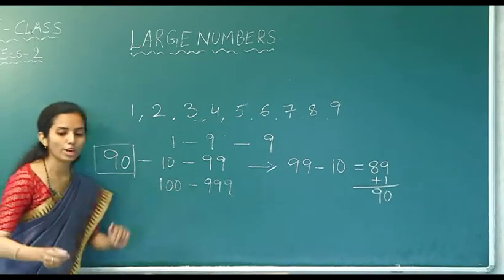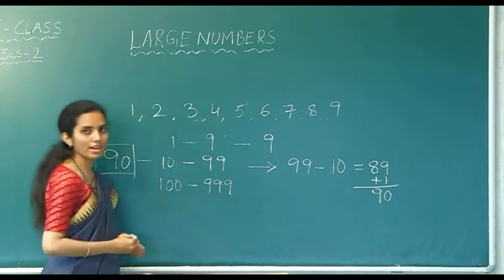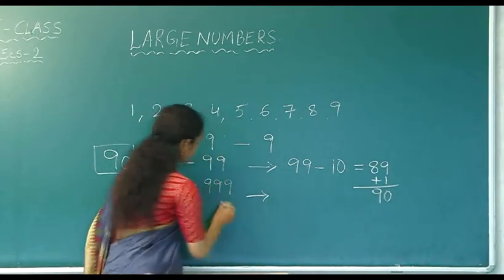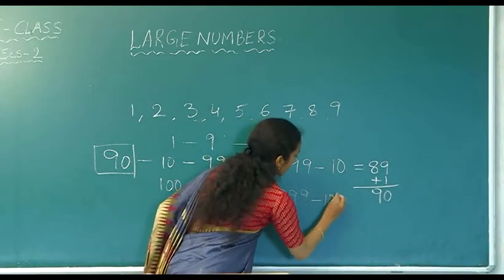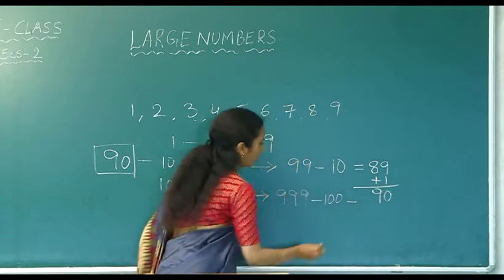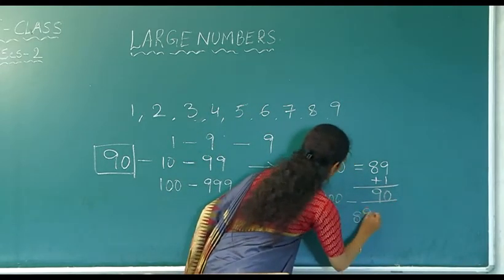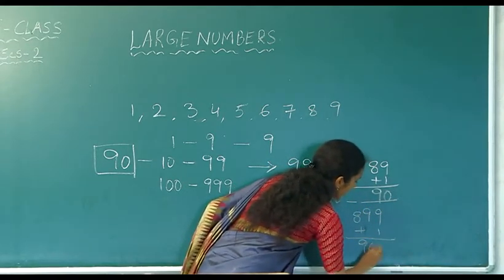And if you wanted to know how many 3-digit numbers are there between 100 to 999, same thing. Just do the subtraction. 999 minus 100. So what do we get? 899 plus 1. So what do we get? 900.